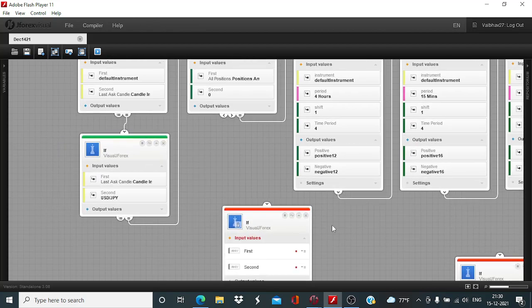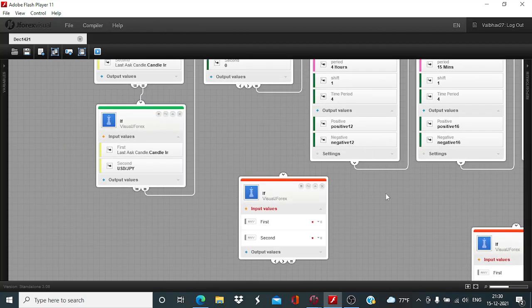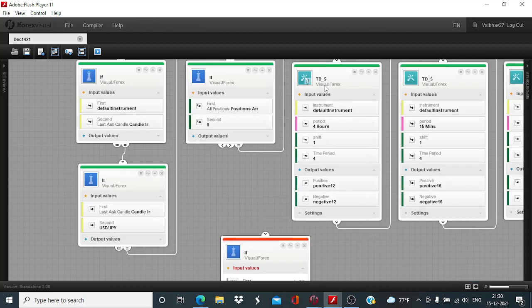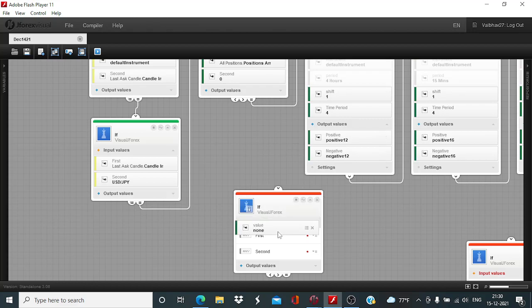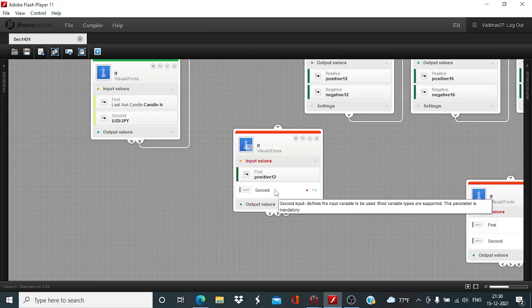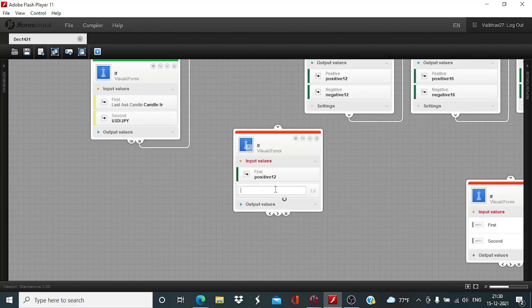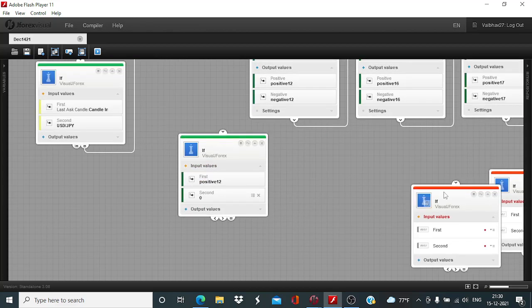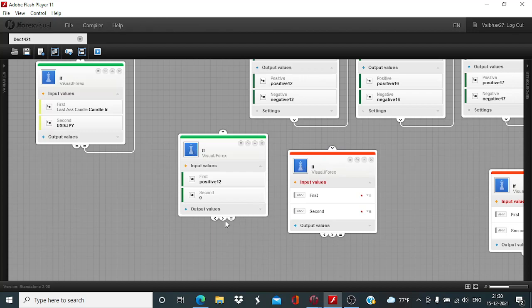For the buy trade, we will want the output of the TDS of last 4 hours to be positive. So here this will be the requirement: first input greater than 0, first input greater than second input.